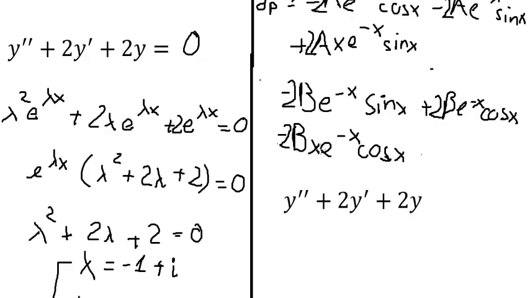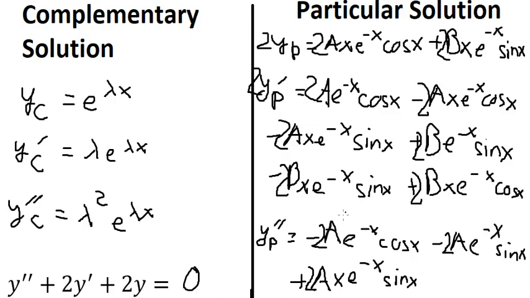Now let's simplify. So this is negative 2ae to the power of negative s cosine s. This is positive 2ae to the power of negative s cosine s. So this one we cancel in here. So I will eliminate.